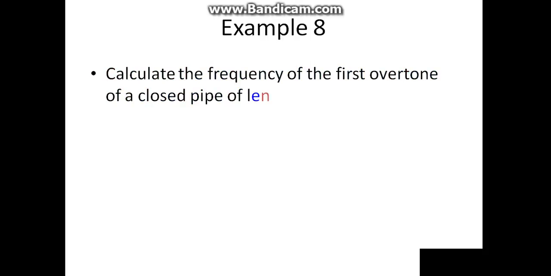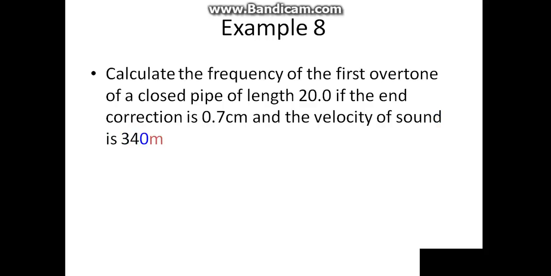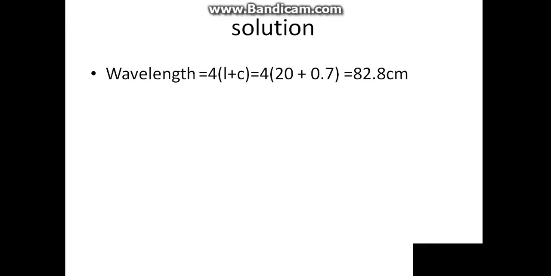Example 8. Calculate the frequency of the first overtone of a closed pipe of length 20 cm if the end correction is 0.7 cm and the velocity of sound is 340 meters per second. Solution. Wavelength is equal to 4 in brackets L plus C, which is equal to 4 in brackets 20 plus 0.7, which will give us 82.8 cm.